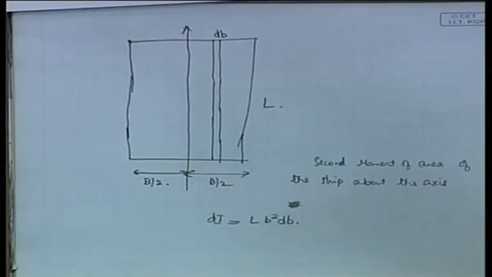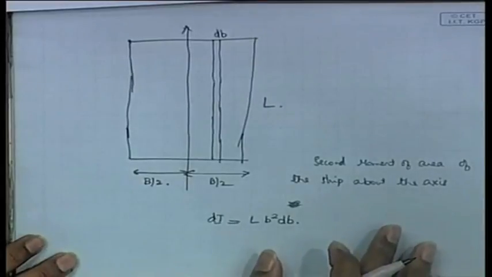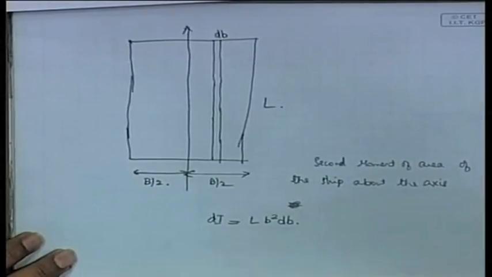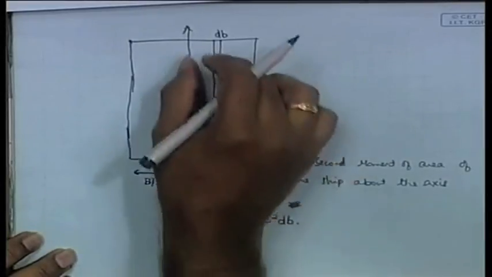Okay, so you get dI, then from this it's basically coming like this, b cubed into L divided by, okay, we'll see that. Now this is the I of this one small region.